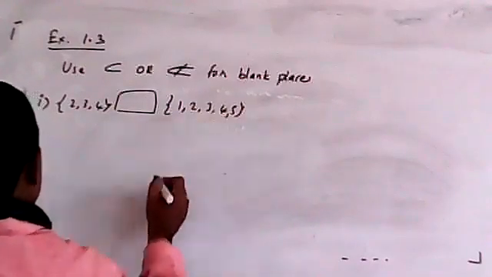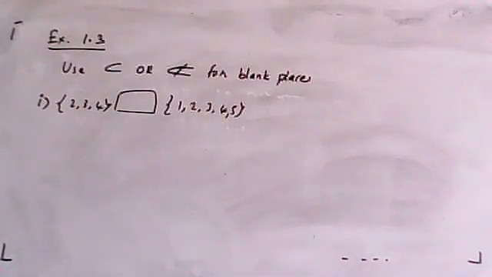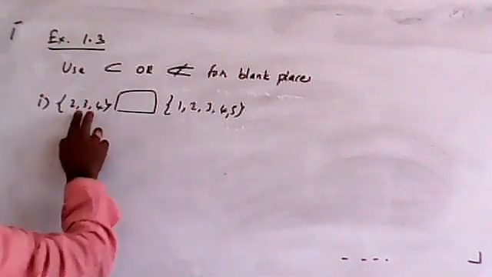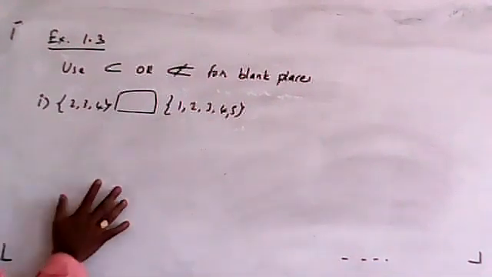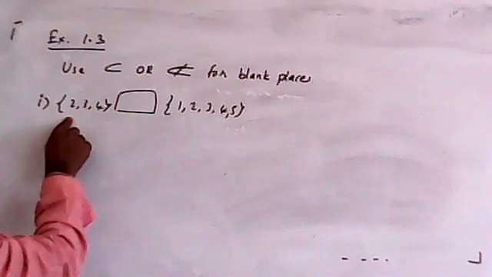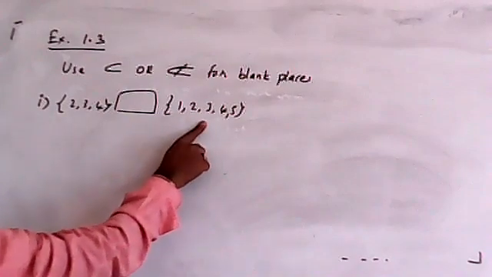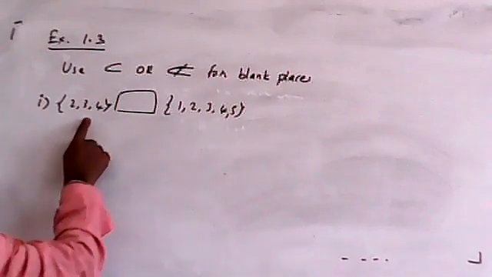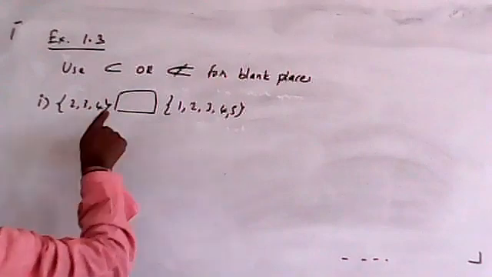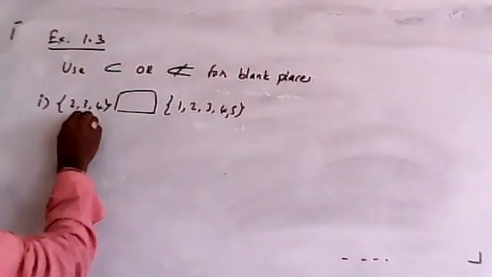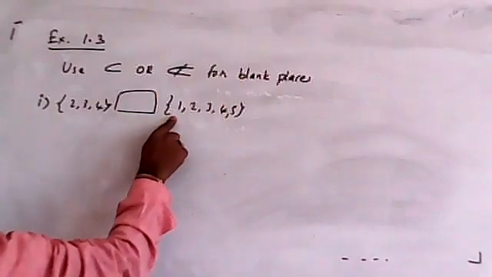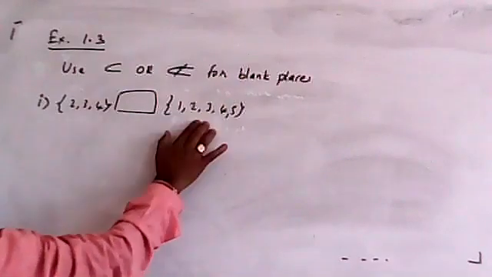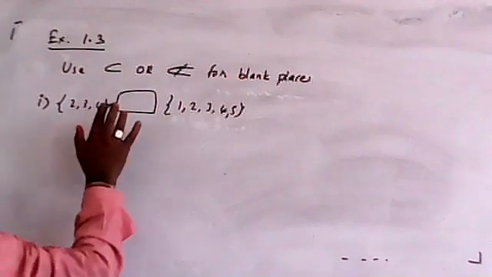Now, you just guess. 2, 3, 4 are present in this set. The subset definition tells that if a set is said to be a subset of another set, that set's elements must be present in that other set. Here the elements 2, 3, 4 are also present. Not only that, a few more are there, 1 and 5. Therefore, it is a superset of this and this is a proper subset of this.